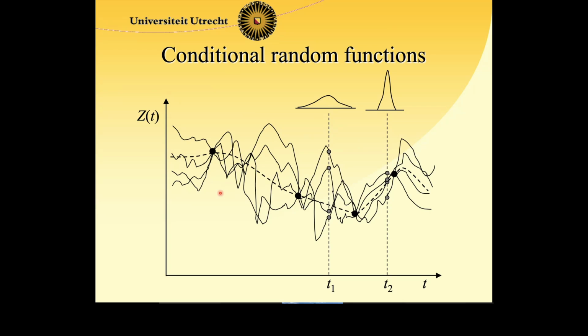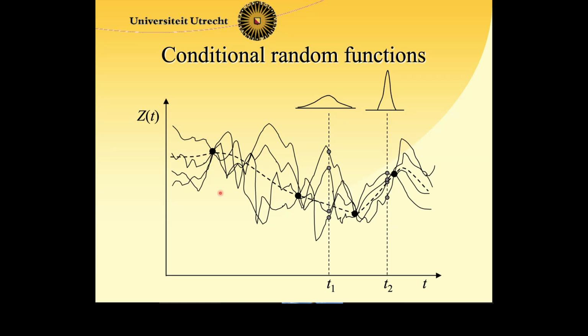So the actual realization of the random function that signifies reality at, in this case, 4 points in time. Now this enables us to look at a subset of all the possible realizations, namely the subset of realizations of the random function that pass through the observation points.